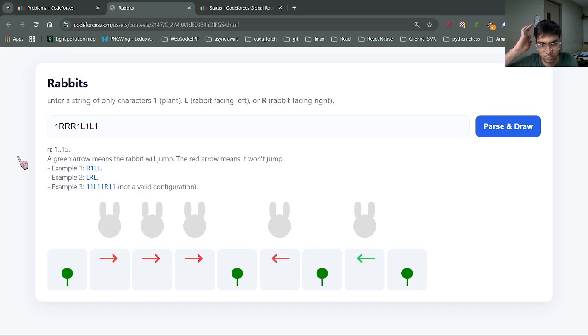So that's the issue here, actually. You can't basically do this. You can't basically do this. So, hmm, this is the main issue here.